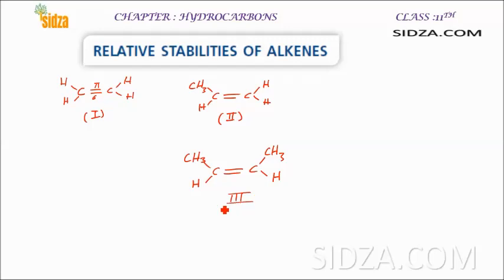The stability of these alkenes increases as the number of these alkyl groups increases. That means among the 3 molecules, the third one will be the most stable and the first one will be the least stable, and we can find this with the heat of combustion.